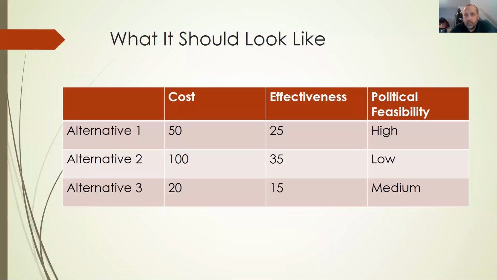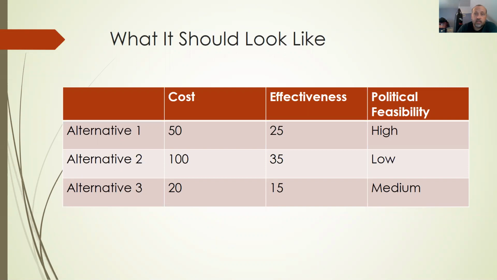That said, somebody who is primarily focused on effectiveness might choose alternative 2 because it is the highest effectiveness. So there is an argument to be made there. You look at alternative 3, okay, 20 over 15, that's like 1.25.